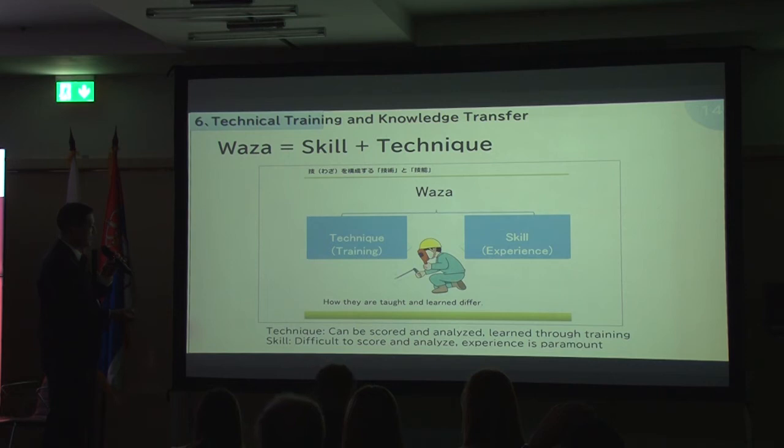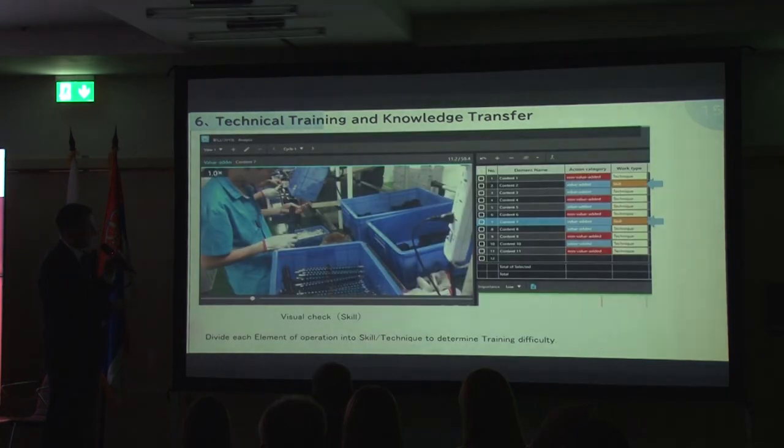But skill is very experience-based. So a lot of it depends on the veteran craftsman knowing, they have so much experience that they instinctively know what's right and what's wrong for that production. And that's very difficult to transfer, so that's more of an experience. So that's how we distinguish it.